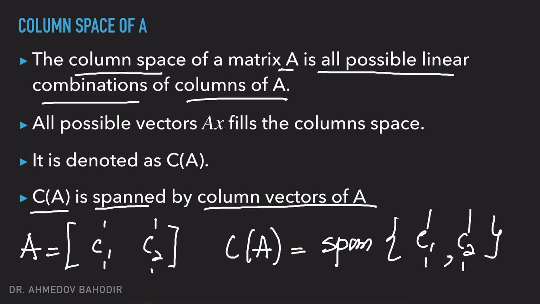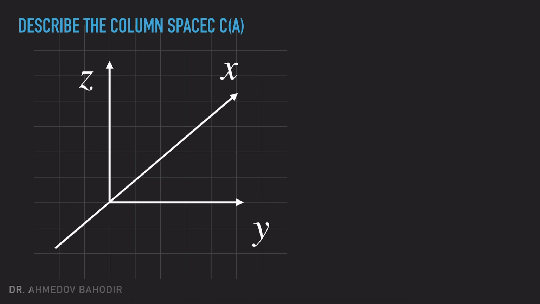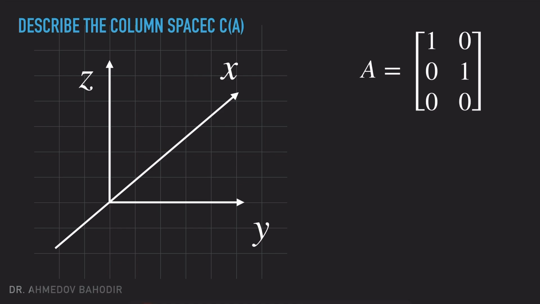So let's do one more example in order to understand what the column space means. In this case, I would like to look at a matrix in 3D. So essentially, the columns of the matrix A are going to be given with three components. Let's say we are given two columns of this matrix A, so the A matrix is given as C1 and C2.